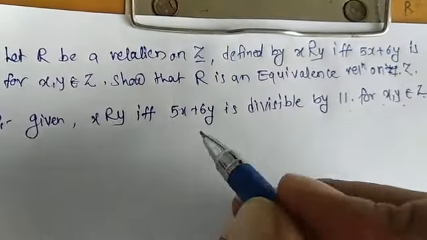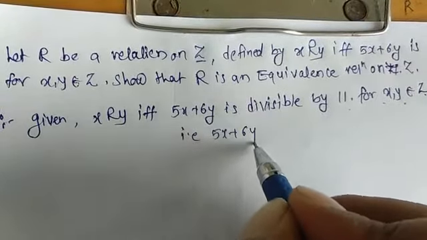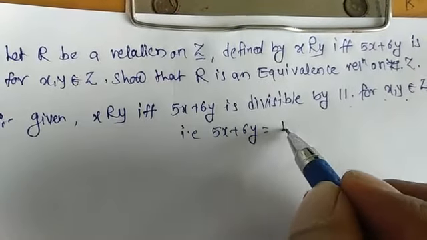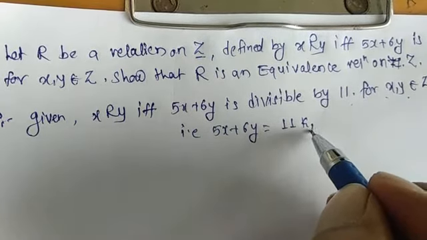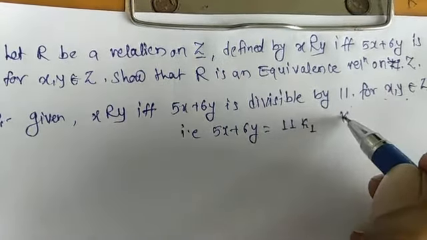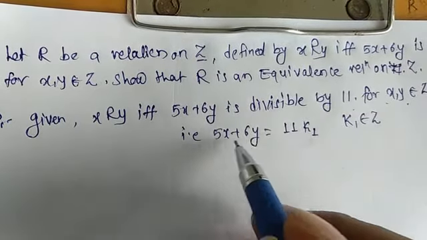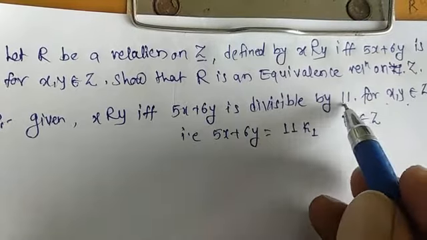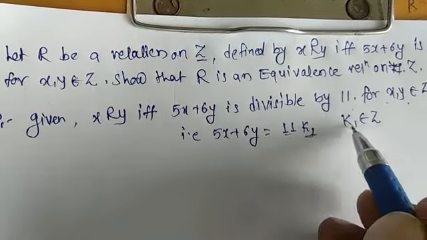That is, 5x plus 6y can be written as 11 into some integer k1, where k1 belongs to Z. Here 5x plus 6y is divisible by 11, which means it should be a multiple of 11, and k1 is any integer.